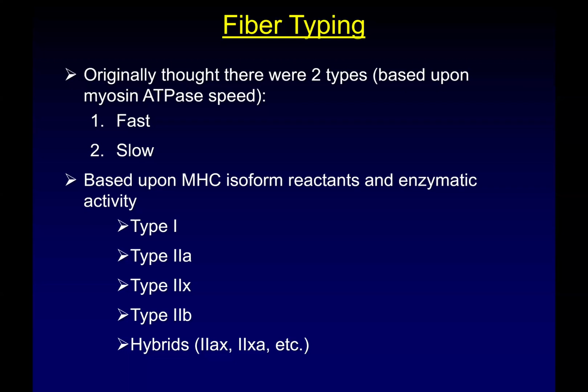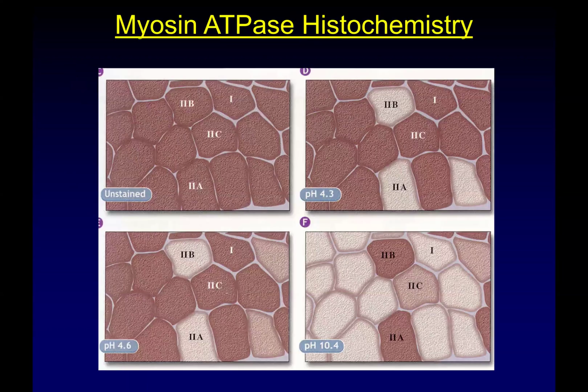If you're super sedentary, or you've been bedridden for a while, in a cast for a while, or you have a spinal cord injury, we can begin to see a few type 2B fibers, but they're very rare in normal ambulatory humans. They're very common in lower animals because they're the fastest ones.